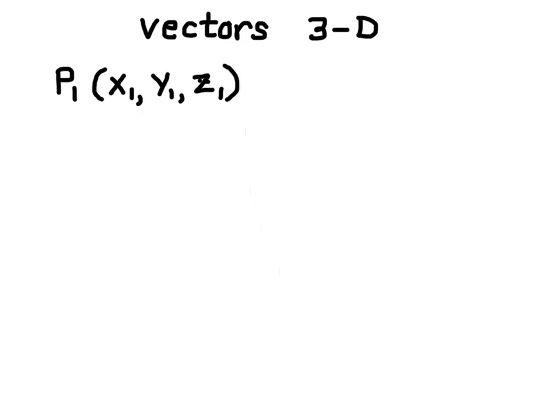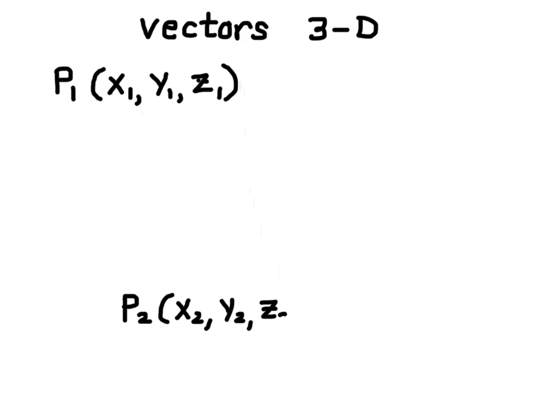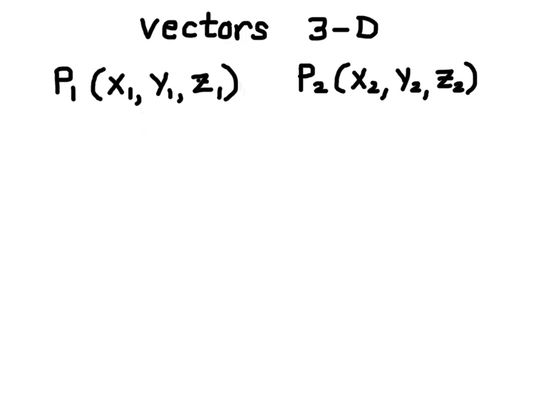So there's our first point. And then another point, point 2, that is x sub 2, y sub 2, z sub 2. So our vector is going to start at P1 and end at P2 in three-dimensional space.